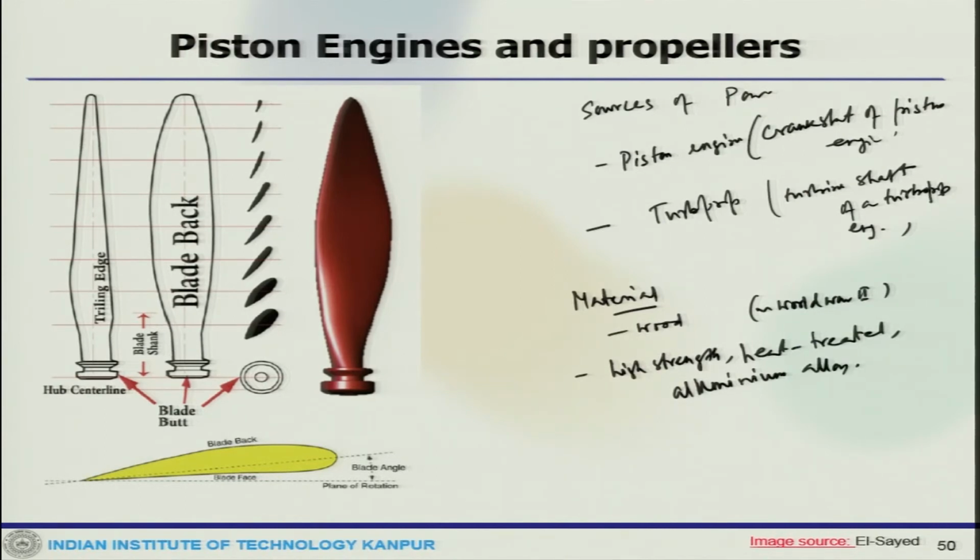Metal propeller is similar to the wood propeller, except that sections are generally thinner.